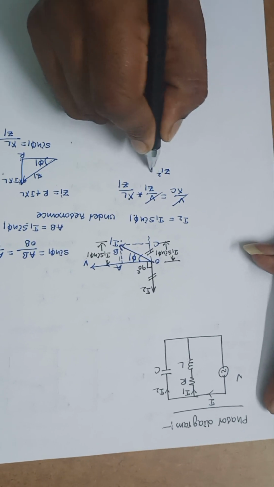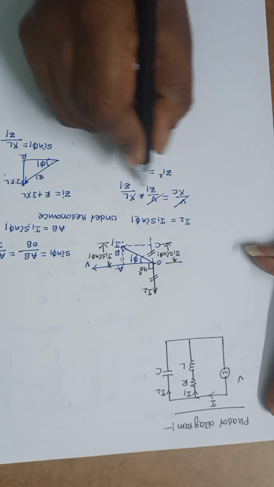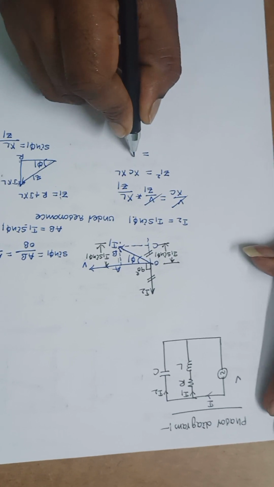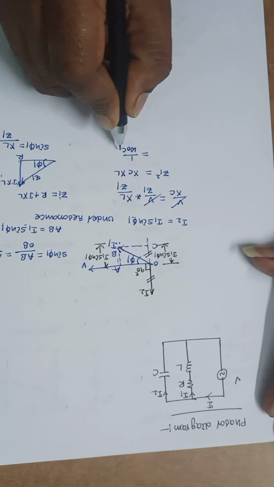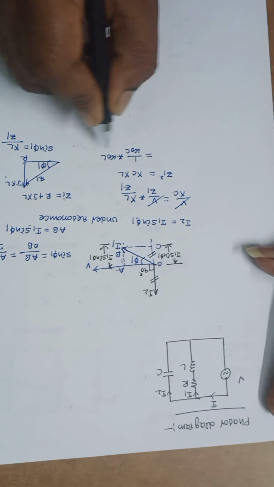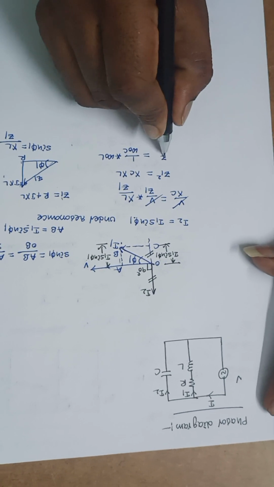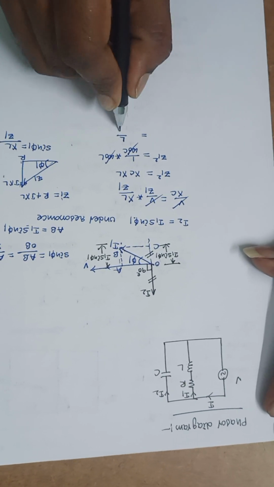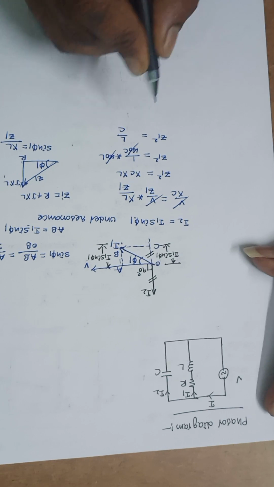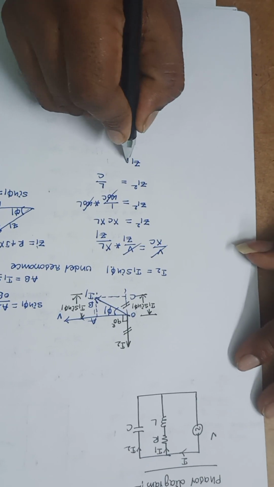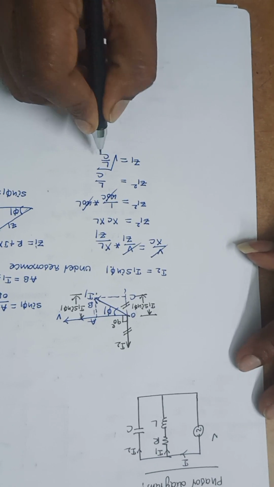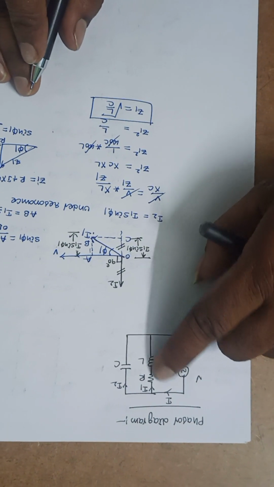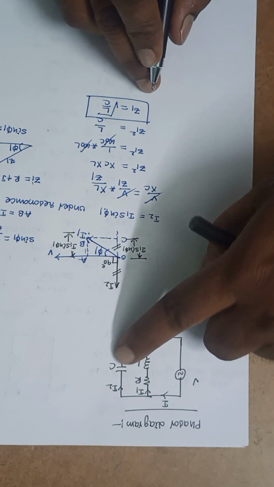So Z1 square, if I cross multiply this, Z1 square is equal to XC XL. XC is nothing but 1 by omega naught C. XL is omega naught L under resonance frequency. So this omega naught will get cancelled. It is L by C. So Z1 square is equal to L by C. Z1 is equal to square root of L by C. Just remember this: the impedance of this branch Z1 is equal to square root of L by C.